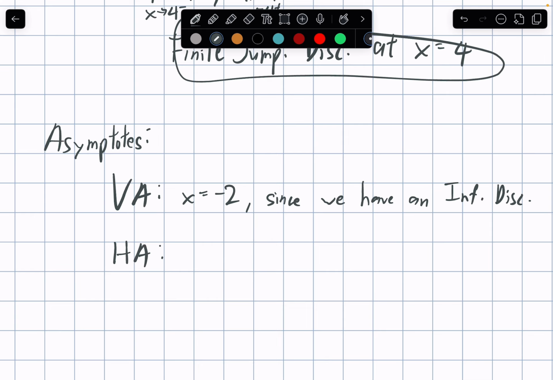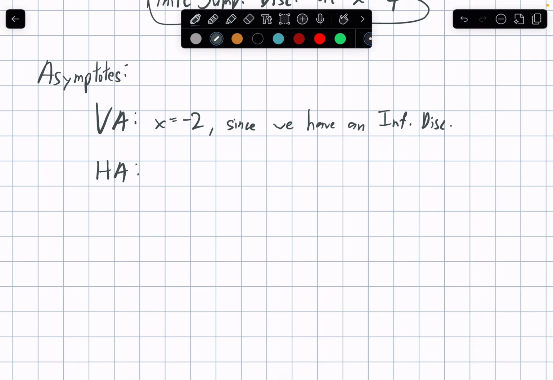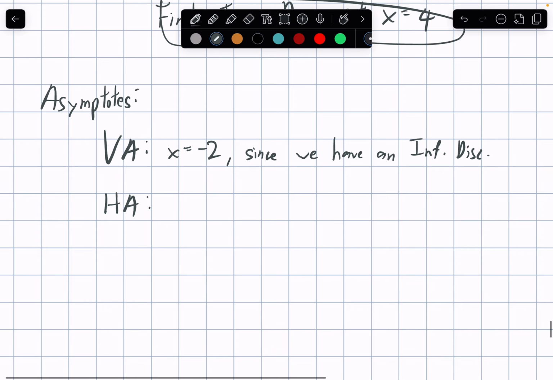What about horizontal asymptote? So this is something that you'd want to know. There are 3 conditions. If the numerator of, I think I've mentioned this in a previous video. I won't discuss it anymore. I'll just discuss whatever is relevant to our case right now.